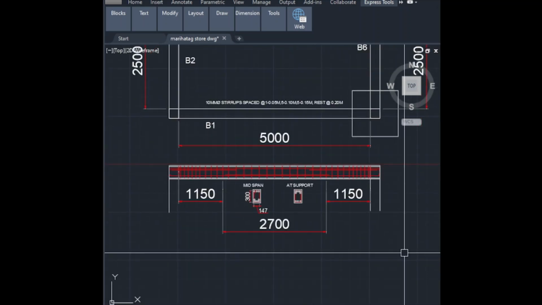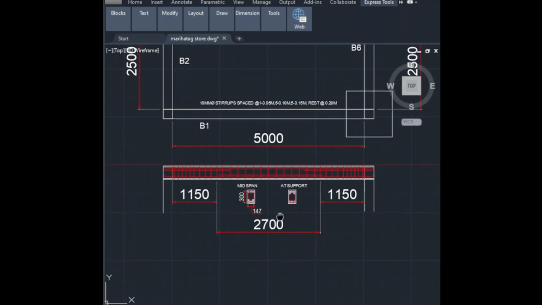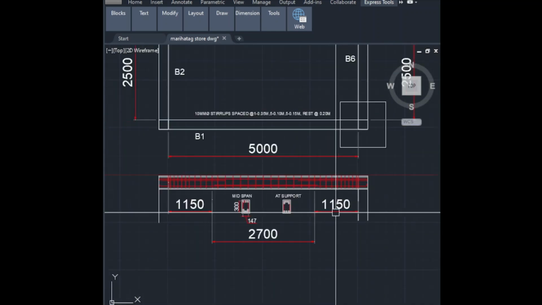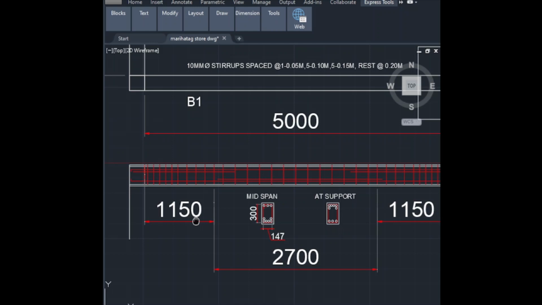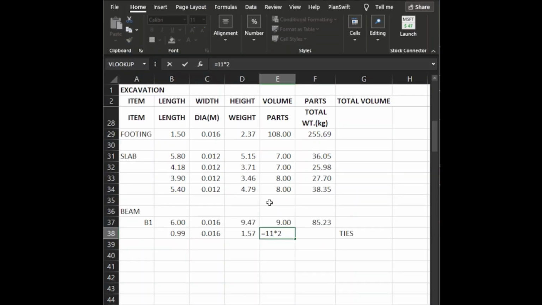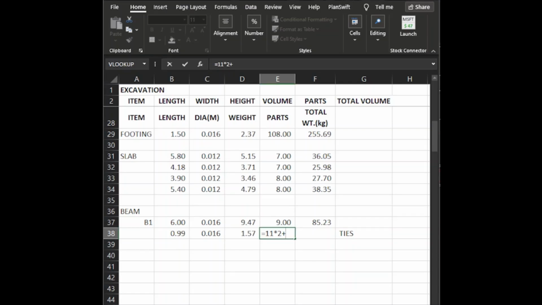So if this is the, we will just put it here, guys. 11 times 2 plus this 2 here, 5, we will put 5.